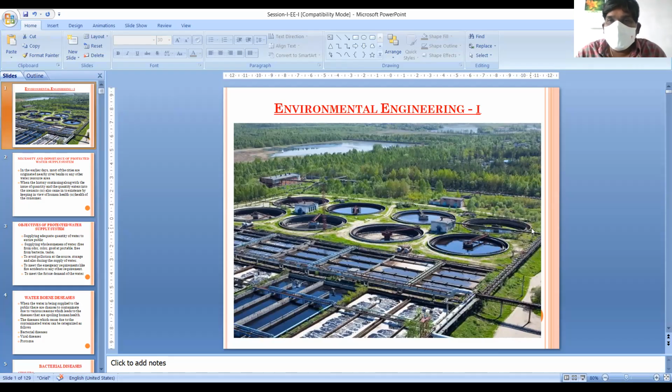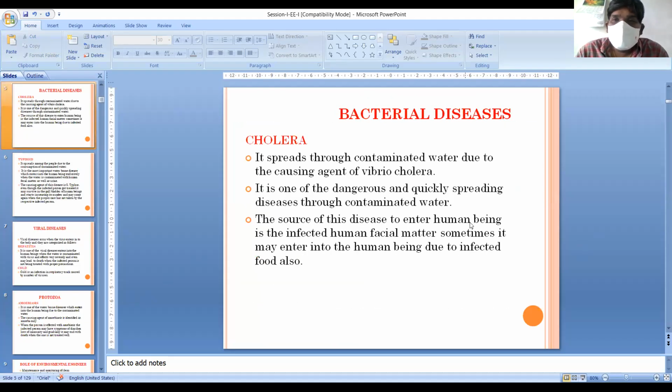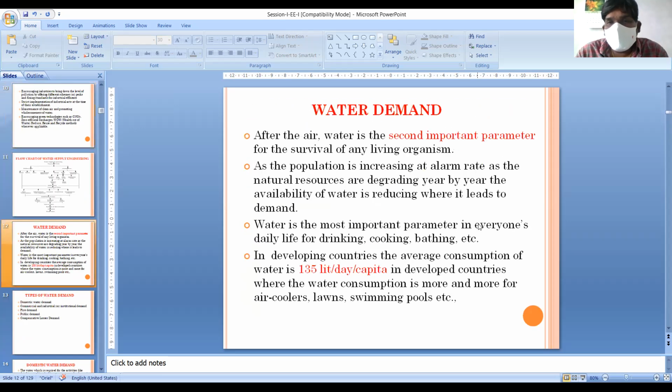Okay, today we are going to discuss the next topic, the previous topic. See, when we have a look at the topics we have discussed before, that is nothing but water demand.